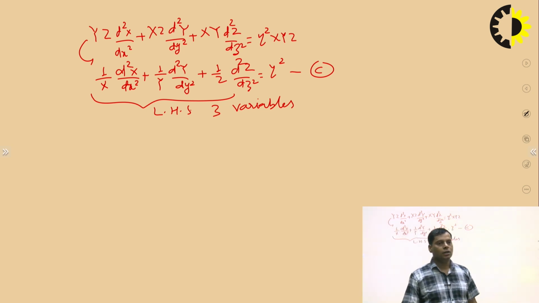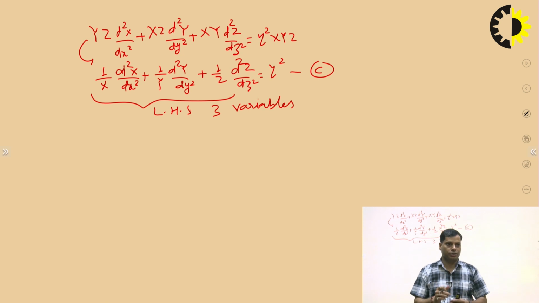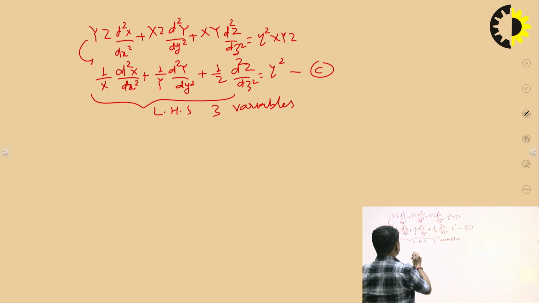These three are the independent variables here, and the solution is the sum of all these three. So now we can consider all the three as different variables.